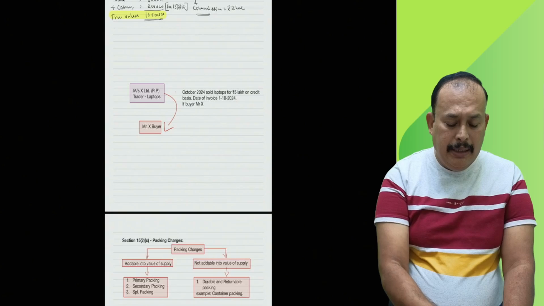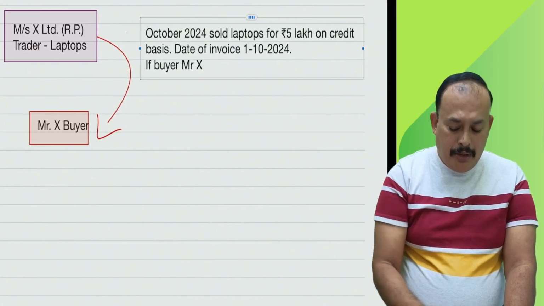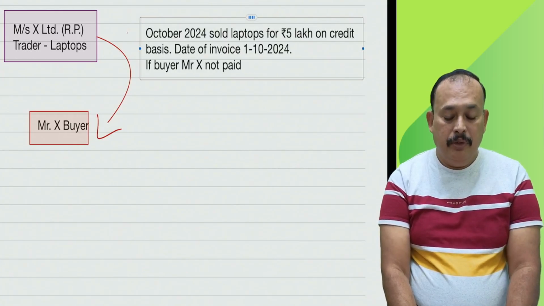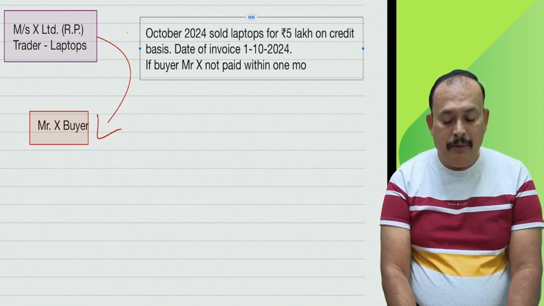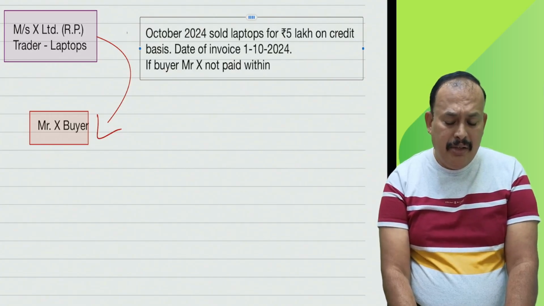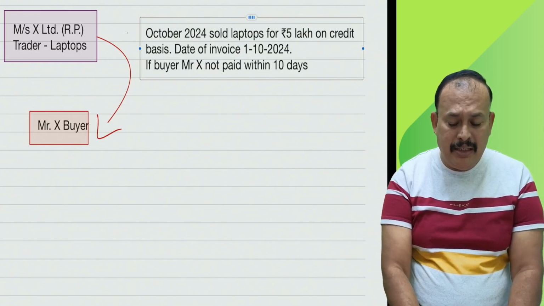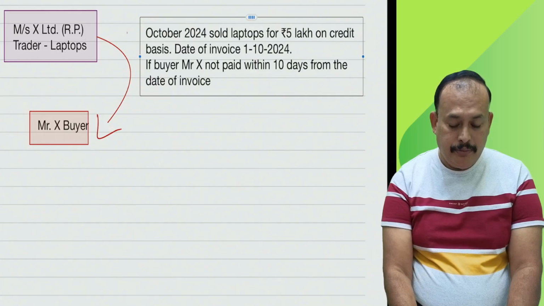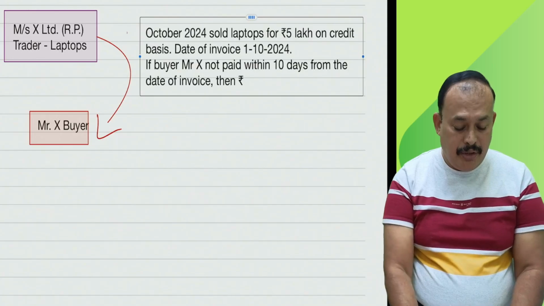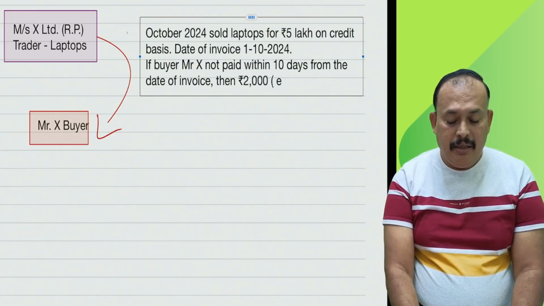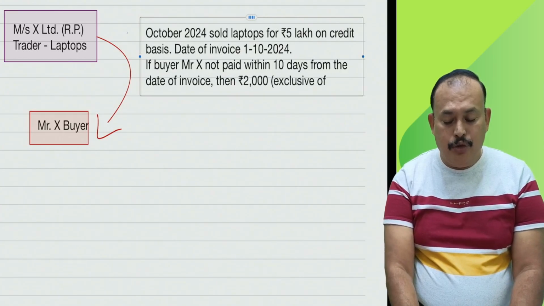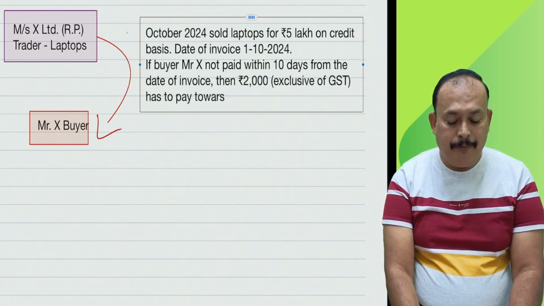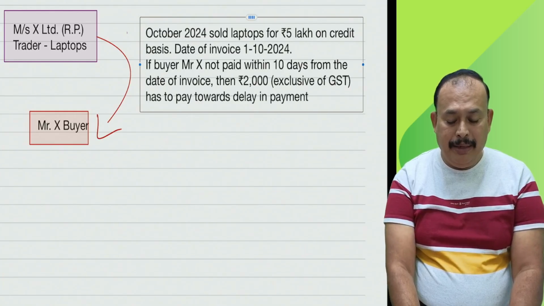If the buyer, Mr. X, does not pay within 10 days from the date of invoice, then rupees 2000, exclusive of GST, has to be paid towards delay in payment charges.